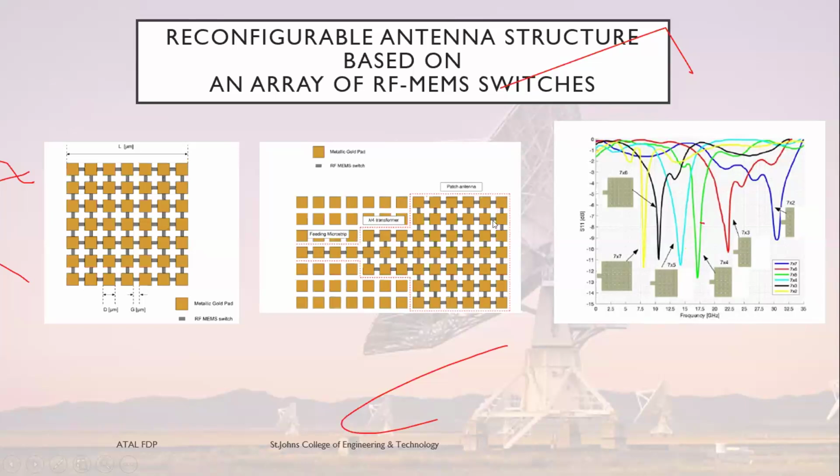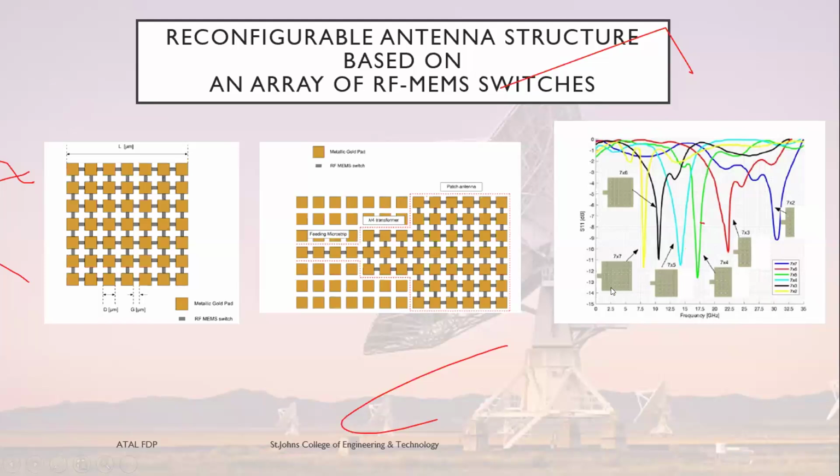Now, what is the thing you are doing? Simply I am turning off some MEMS or turning on some MEMS so that the other patches will become inactive. Only the antennas which are connected to the MEMS are active and will radiate accordingly. Now, what do you understand?